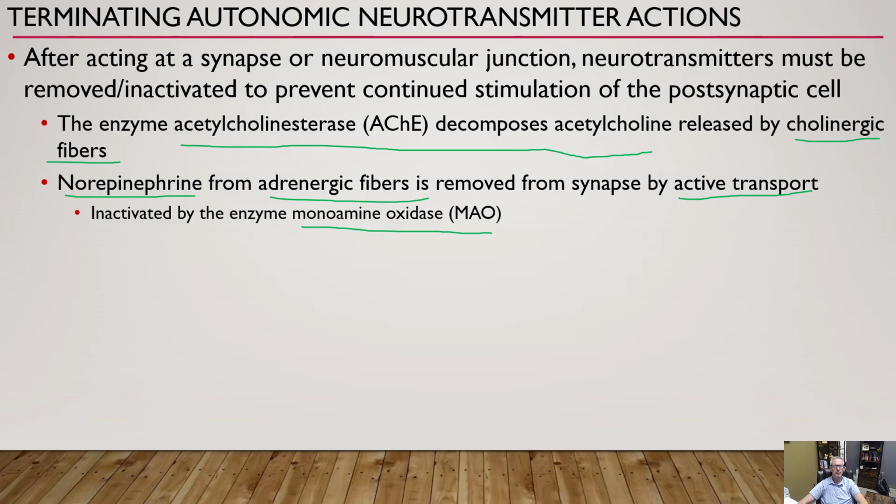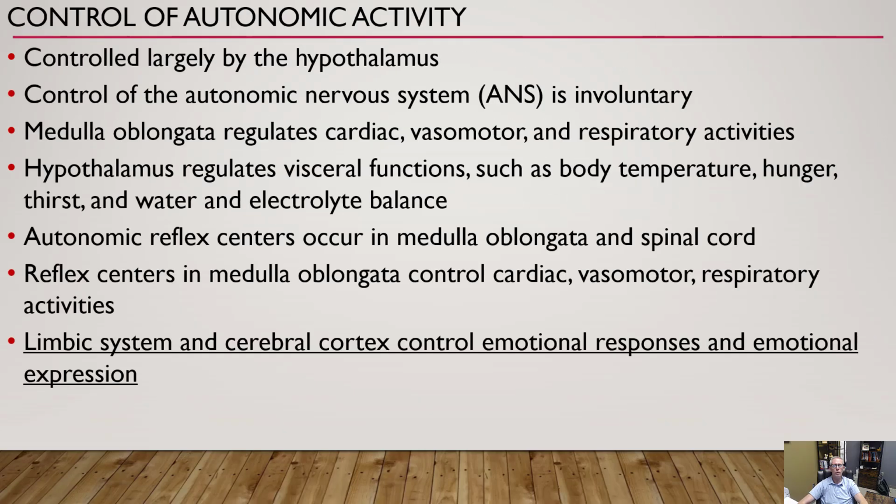All right, so control of the autonomic activity, your automatic functions. Remember, I've said this numerous times already, controlled by the hypothalamus. This is all negative feedback loops. So controlled by the autonomic nervous system. These are your involuntary activities.